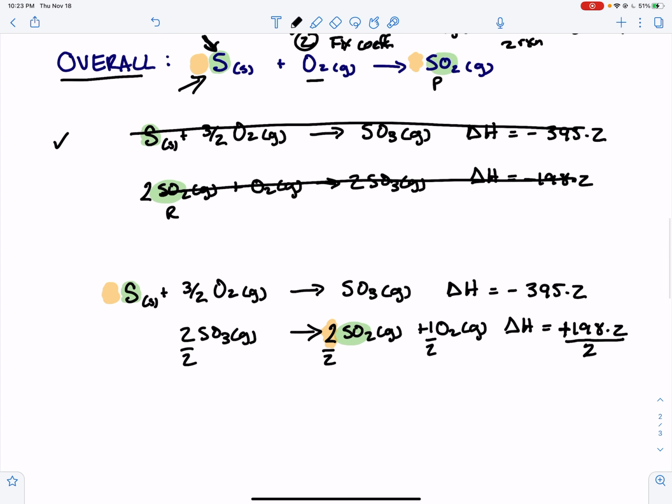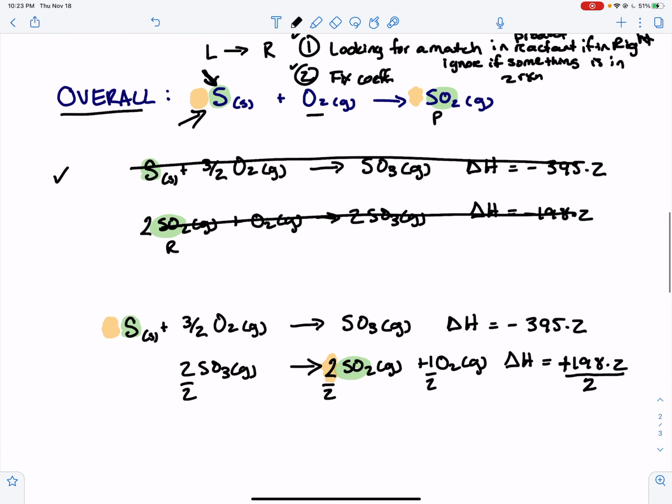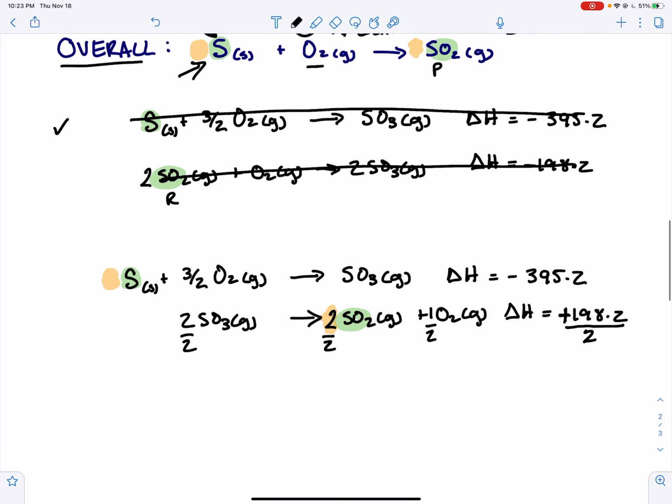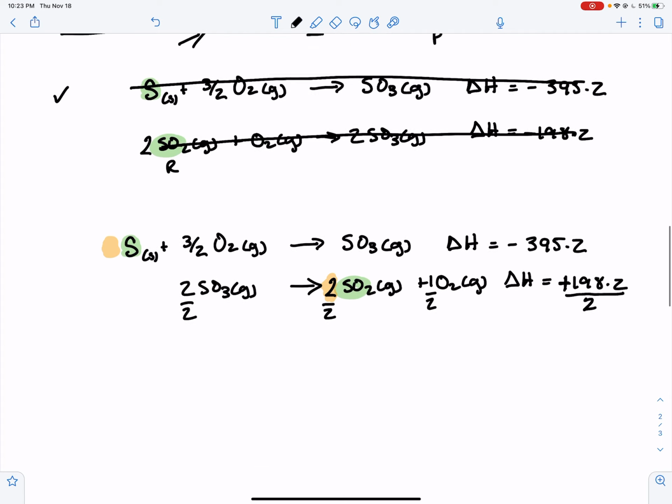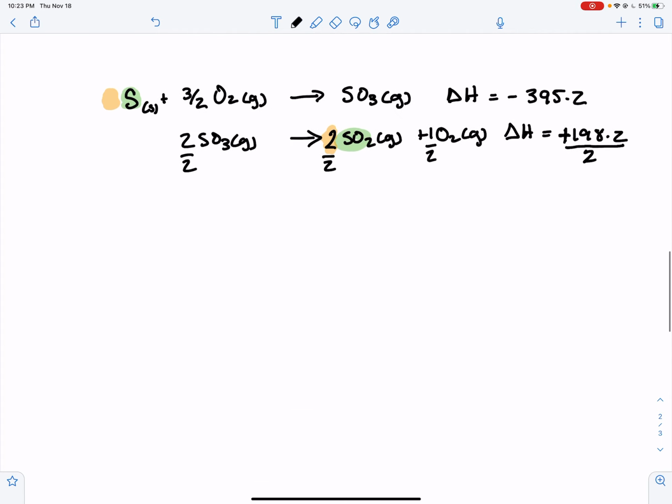Alrighty, now, if I've gone through both of those checks and fixed all my coefficients, then that means I can combine the reactions. What I'm going to try to do is see if they match this. So here are our combining rules. By the way, I'm going to change this to 1 because that's going to be easier to see, and I'm going to change this one to 1 too. And I'm going to take off the colors so I'm not distracted by them.